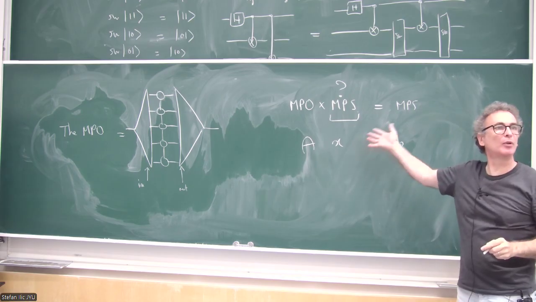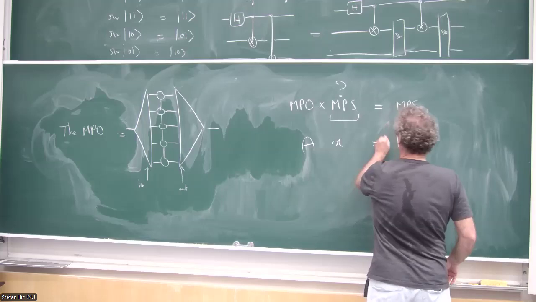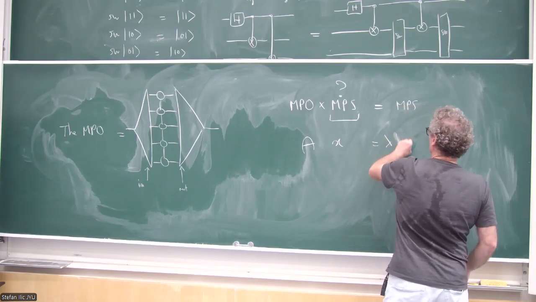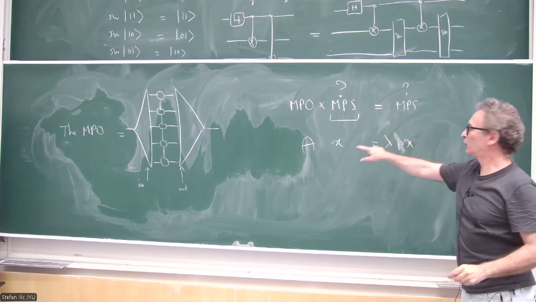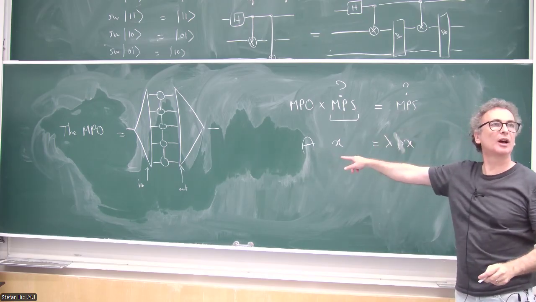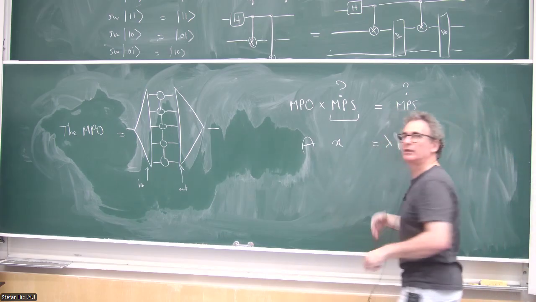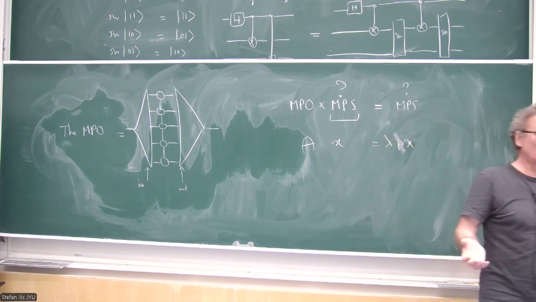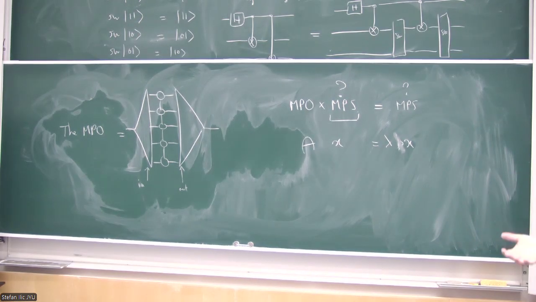So solve a linear problem. Then we will do linear algebra, where the MPS is entirely unknown and I want to find the eigenstate of the MPO. And then we will learn how to add two MPS. Essentially, we will learn to reproduce everything we know about linear algebra, but with MPS and MPO.